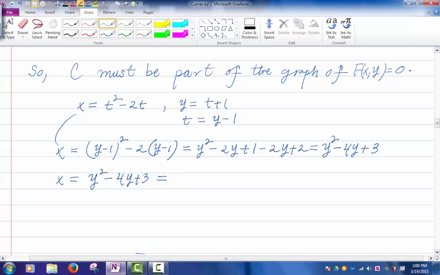So, if I complete the square for the quadratic on the right-hand side, what am I going to get? I'm going to get (y minus 2) squared minus 1.